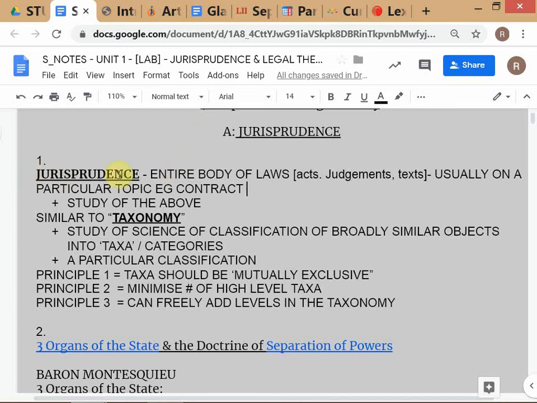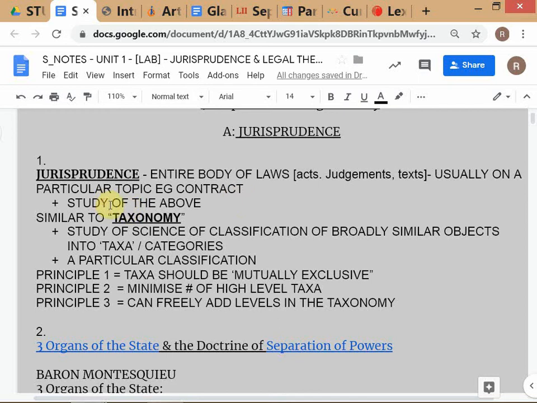So how to use the words? Jurisprudence can be used either to refer to the entire body of laws or also to the study of this body of laws. When you talk about jurisprudence in that sense, it's about the study of how these laws should be developed and all these aspects. So it is the study of the above or the science of the above.